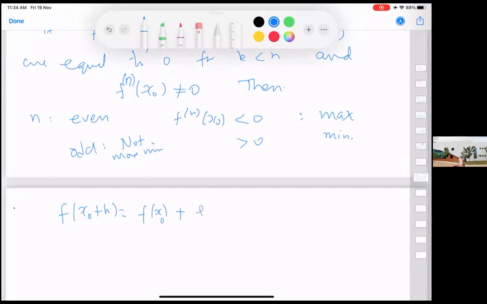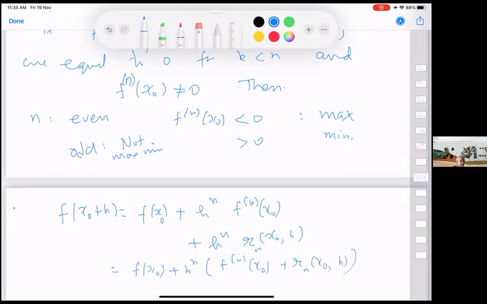So it will be, in fact, for argument's sake, what we can do is simply f(x0) plus h to the power n times f^(n)(x0) plus R_n(x0, h). And R_n(x0, h) goes to 0 as h goes to 0.